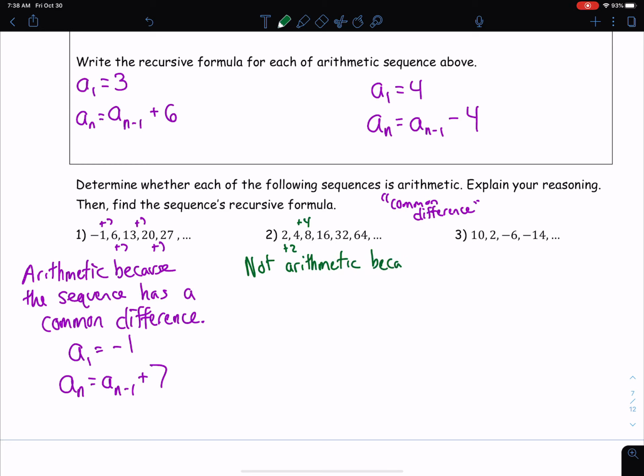because it does not have a common difference.